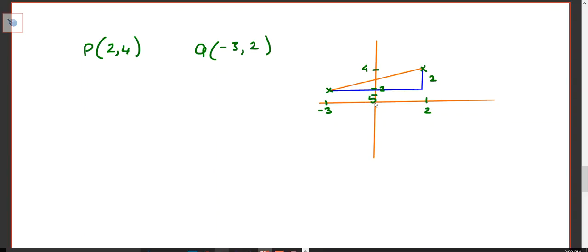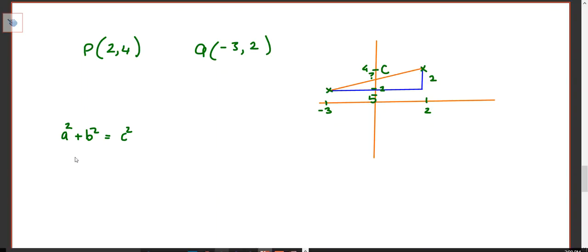That also stops me making the mistake of saying minus 3 to 2 is 1, because that will happen as well. I can quite clearly see it's quite a long one. So, Pythagoras' theorem, to find this length: a squared plus b squared is c squared, this being c.